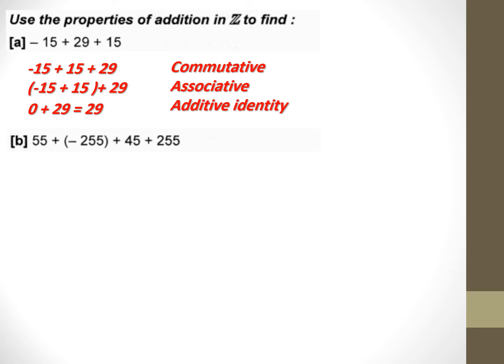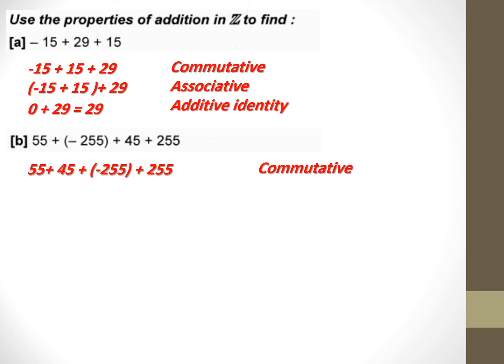B. 55 plus negative 255, plus 45 plus 255. We will take the same numbers with opposite signs. Then it will be 55 plus 45 plus negative 255 plus 255. This is called commutative.